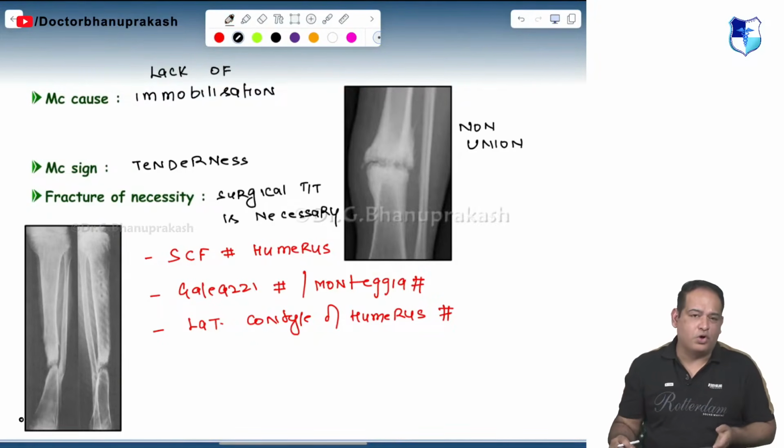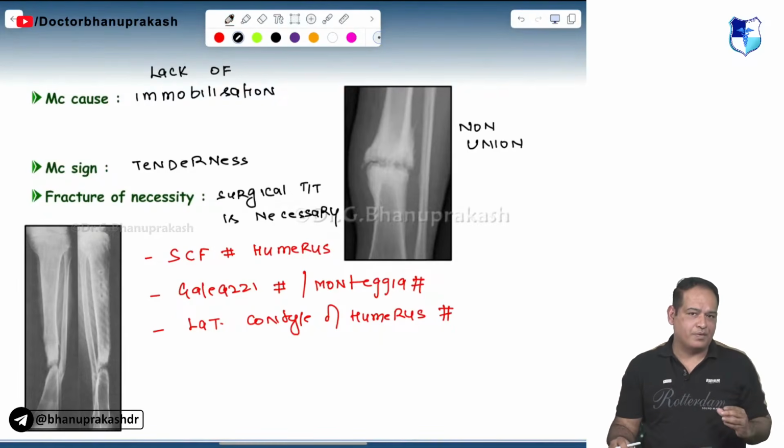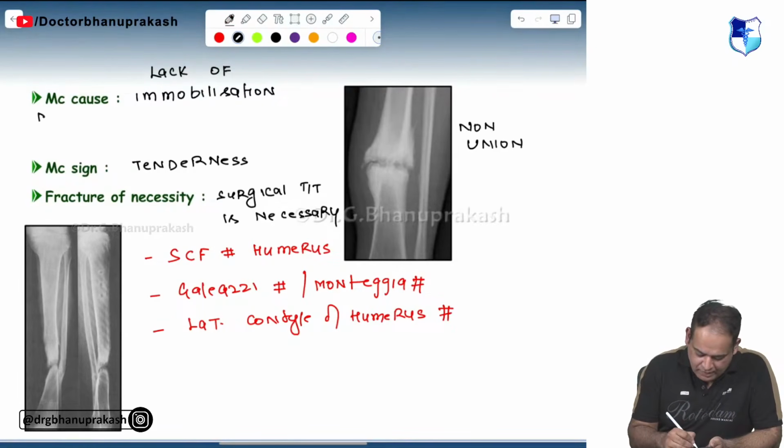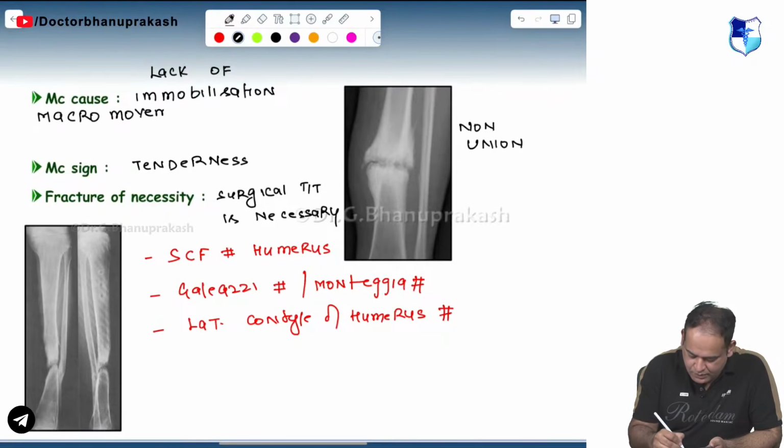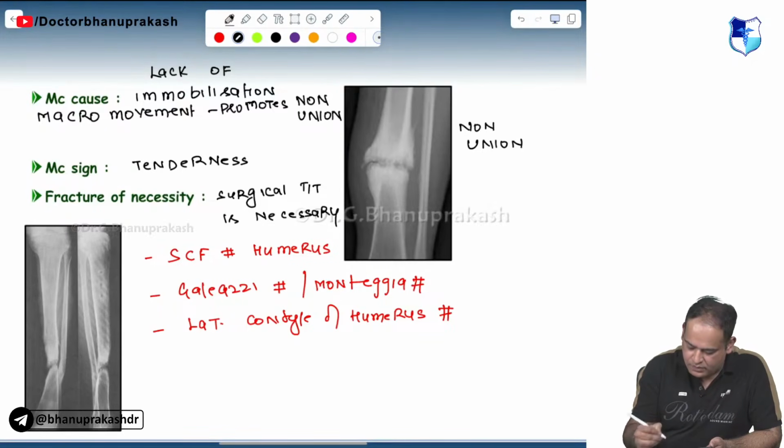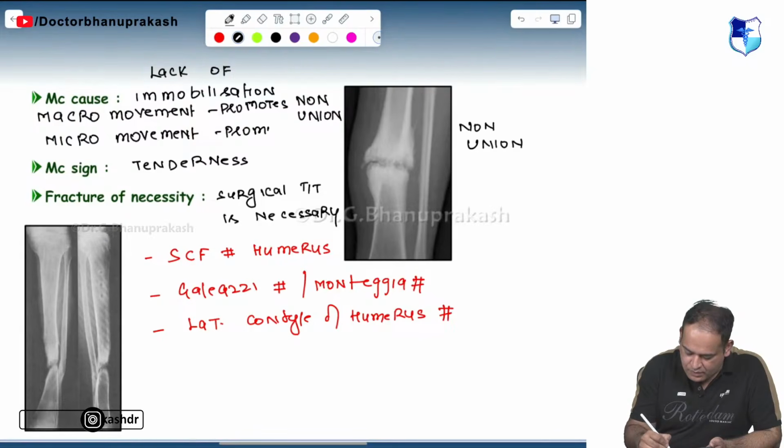For those of you who want to go a little deep, fine, you see here, macro movement promotes non-union, right? Whereas micro movement promotes union.